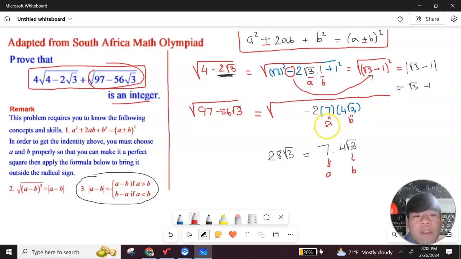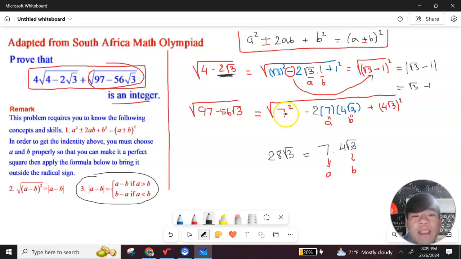Anyway, I'm going to check it later to see if it's correct or not. Now I have a, and a squared should be 7 squared, right? And b equals 4 root 3, so it's plus 4 root 3 all squared. Now I check if it's right or wrong. 2 times 7 times 4 root 3 is negative 56 root 3, right? This is fine.